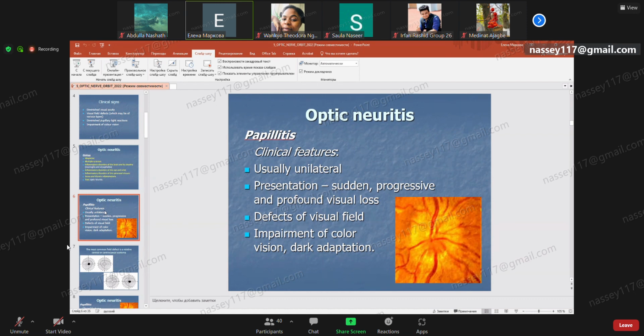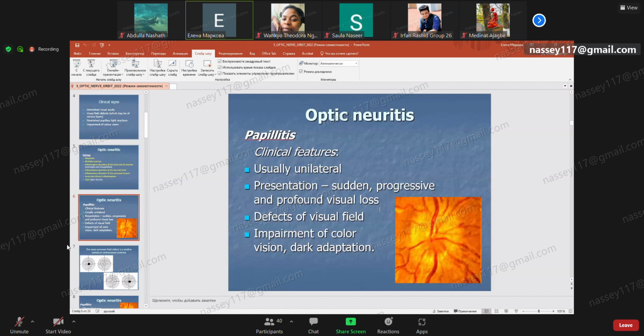More often this condition is unilateral. Let's discuss the main clinical features. One of the main clinical features is that it's usually unilateral. It's a very important moment. Then, presentation: sudden, progressive, and profound visual loss is the hallmark of papillitis.